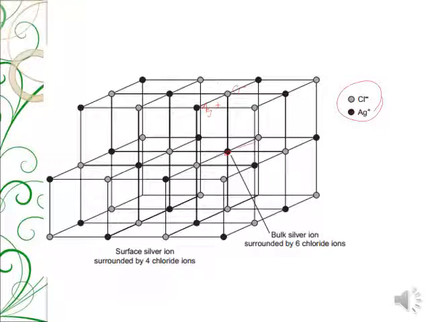So 1, 2, 3, 4, 5, 6. Six chloride ions, so it's fully occupied. However, on the surface here, the silver ion is only surrounded by 4 chloride ions. So 1, 2, 3, 4. Only 4. So it has two available sites for surface adsorption to attach to it.